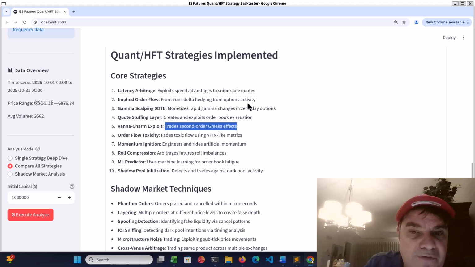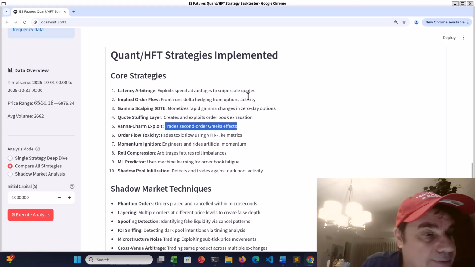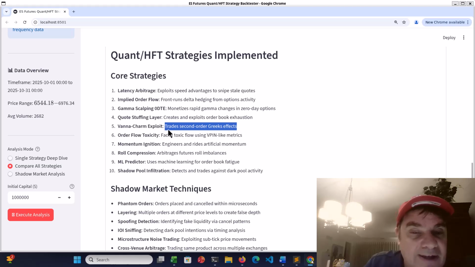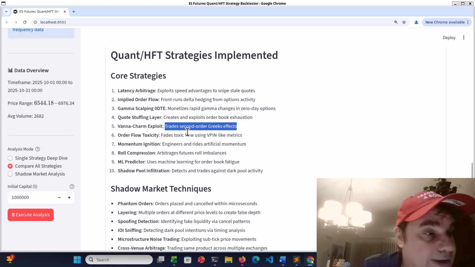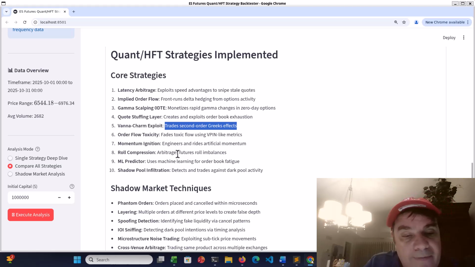Front runs delta hedging from option activity. Okay, so out of those three, I would think this Vanna Charm exploit might be an opportunity because that's maybe the retail crowd has access to without, as I said, that third party data.